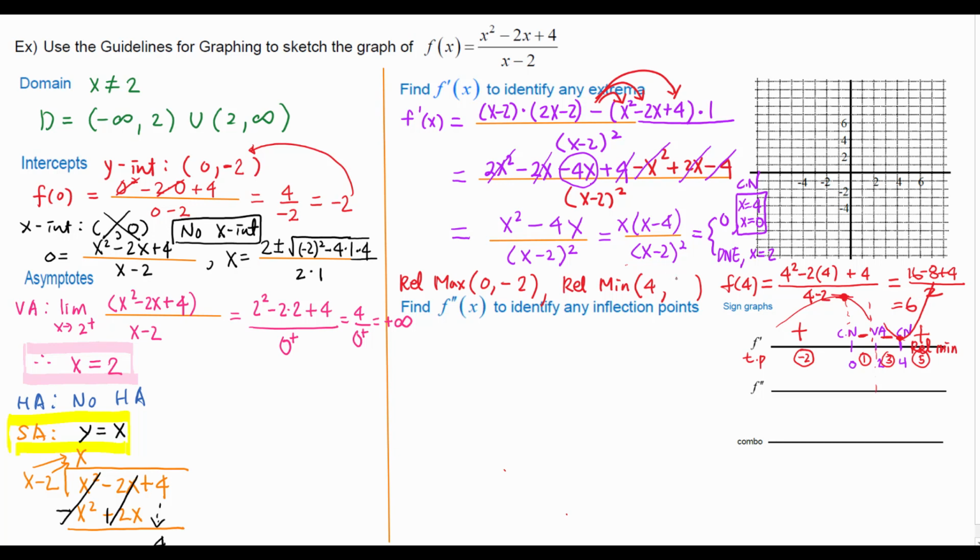So it is 4, 6. So I found my relative max and relative minimum.